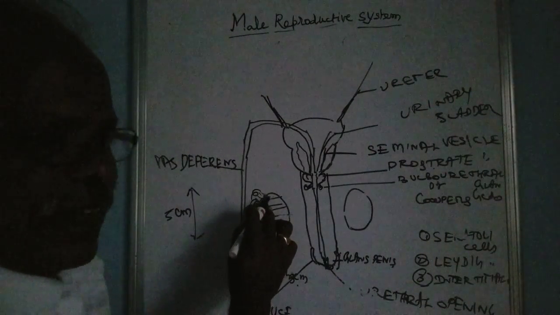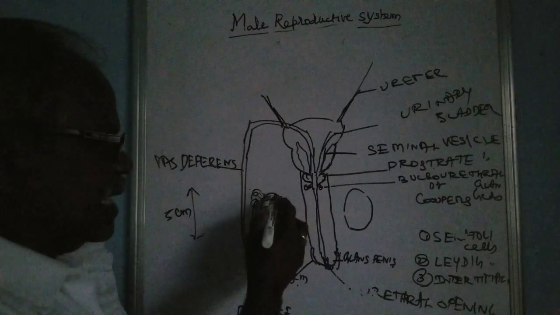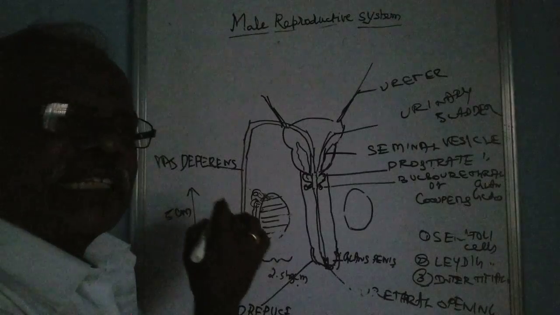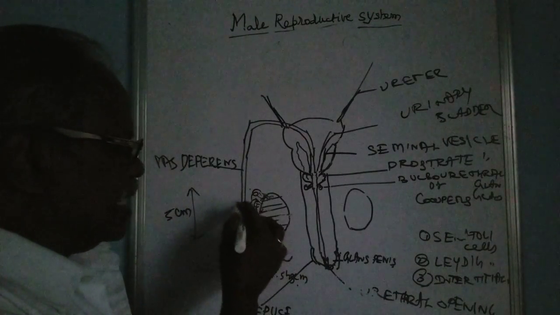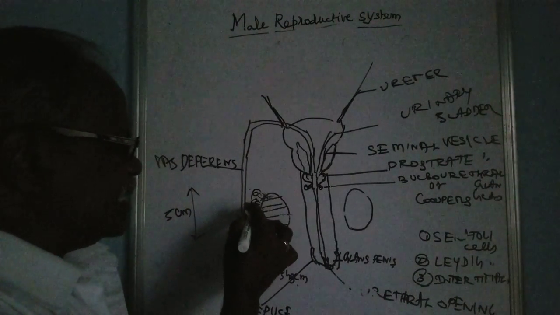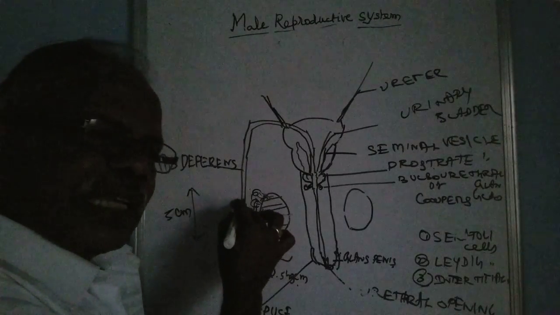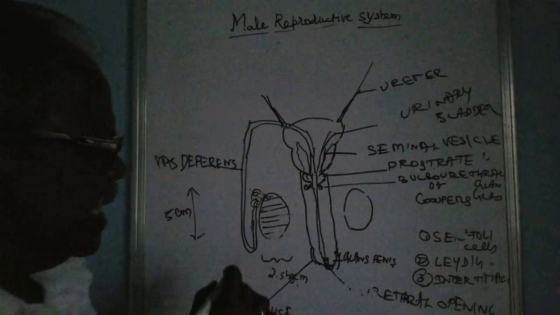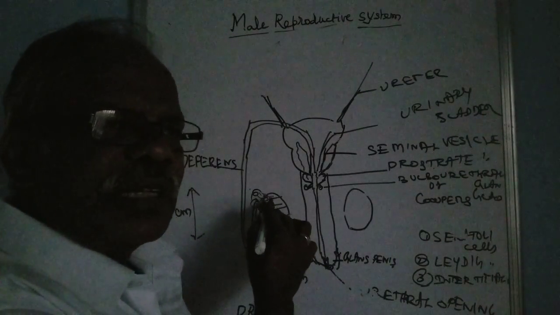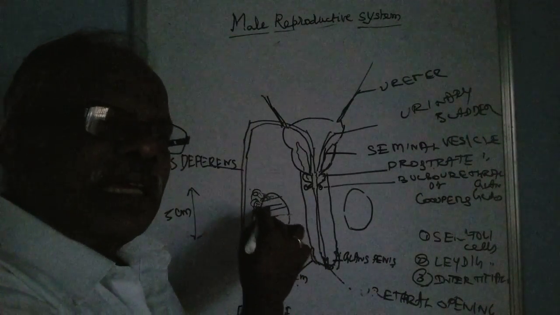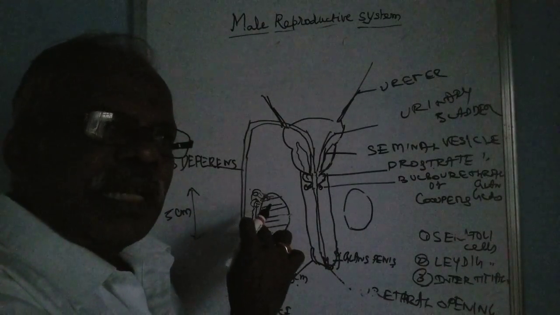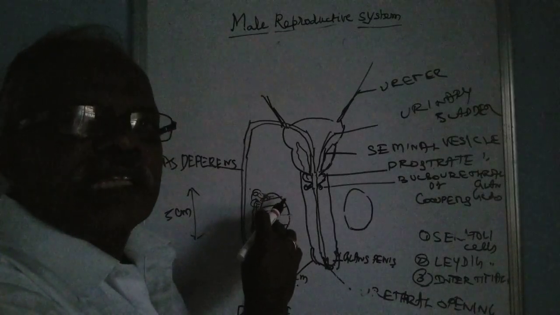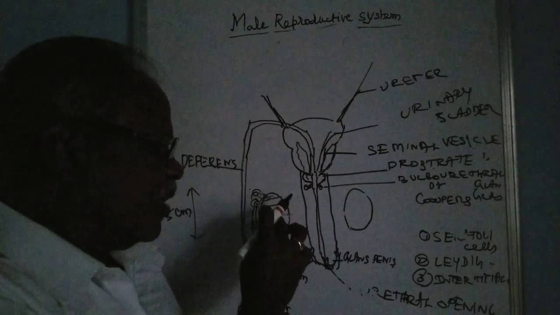Here the vas deferens is there. Here, actual sperm is formed in the interstitial cells. From there it moves on to the vas efferens, and then through the epididymis it goes to the vas deferens. Here the Leydig cells and the Sertoli cells are found, and then primary spermatocyte, secondary spermatocyte, spermatid and sperm are formed.